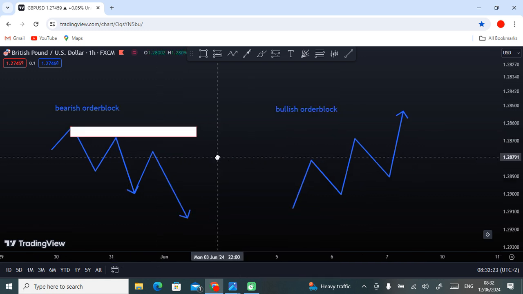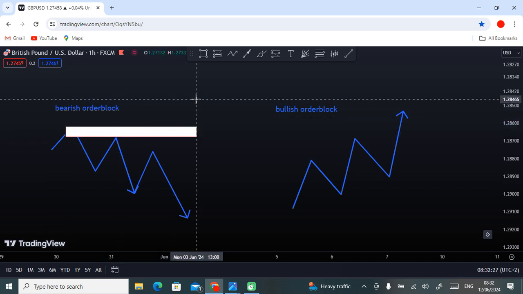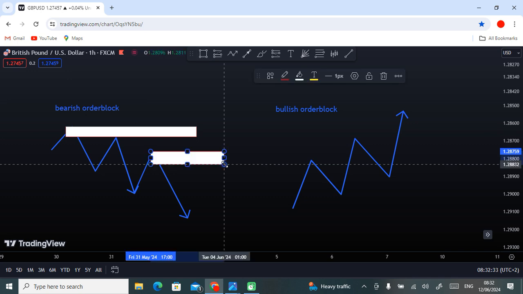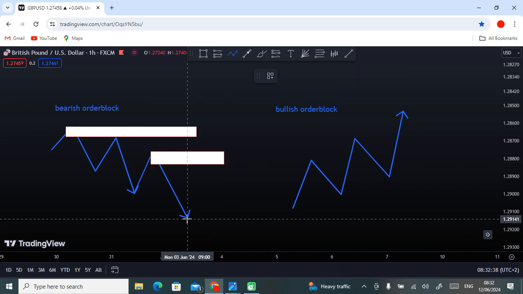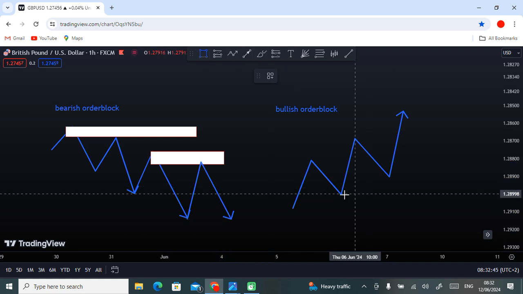Even here, we're going to spot order blocks on these zones. That means we'll be hoping that the market will come and retest this level, then boom, goes down again. Even here, we're going to be looking at these zones.